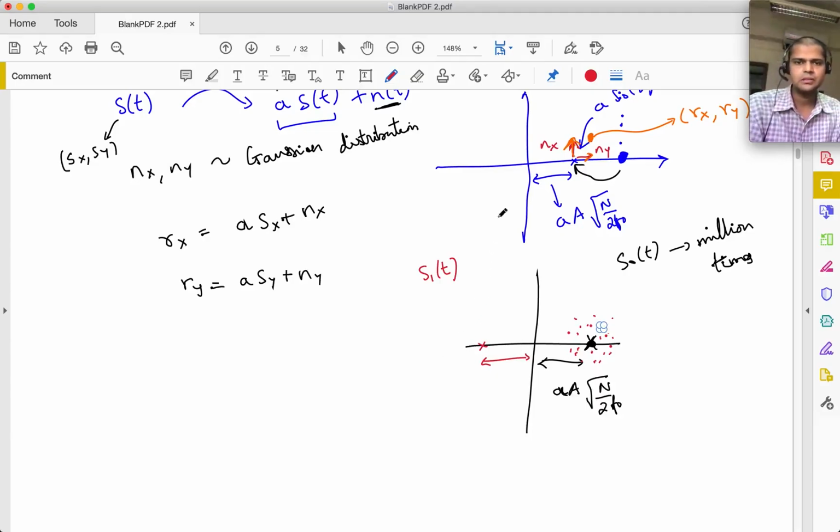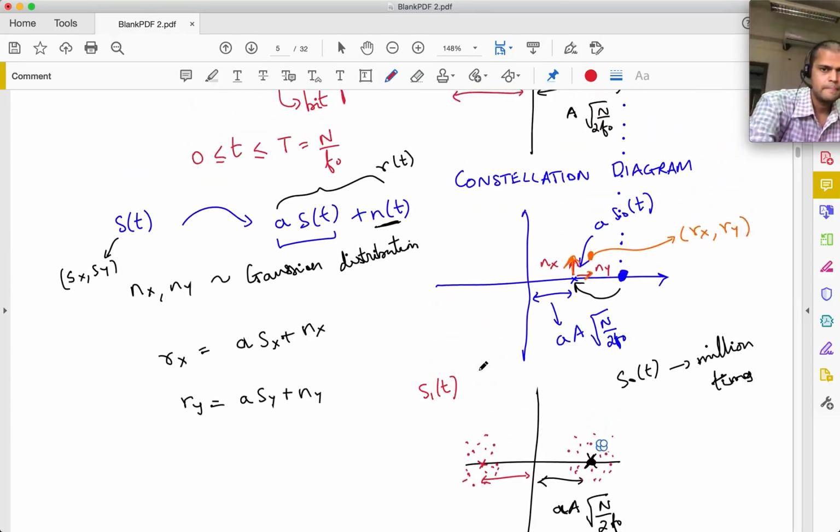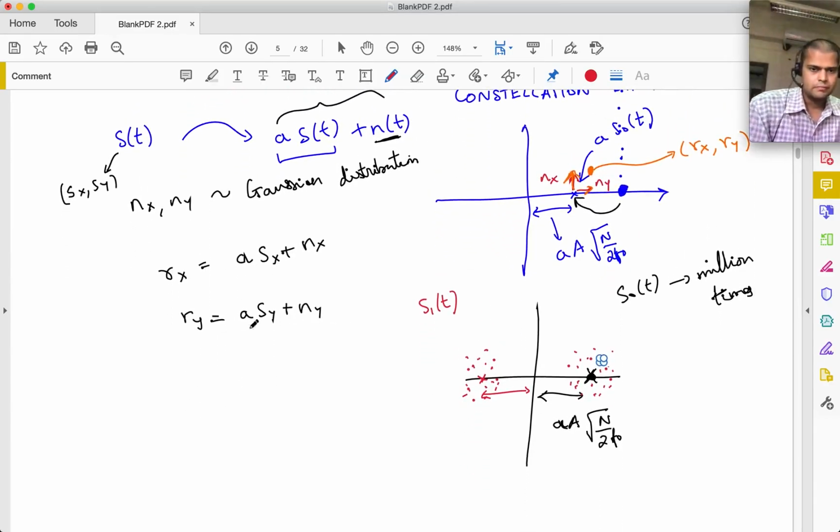Because of attenuation, the signal comes down here, and the noise is going to push this around, so it will be mostly clustered around this. Each component is an independent Gaussian distribution, so Nx and Ny are IID Gaussian.